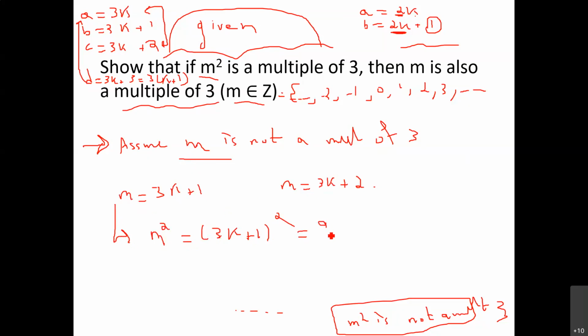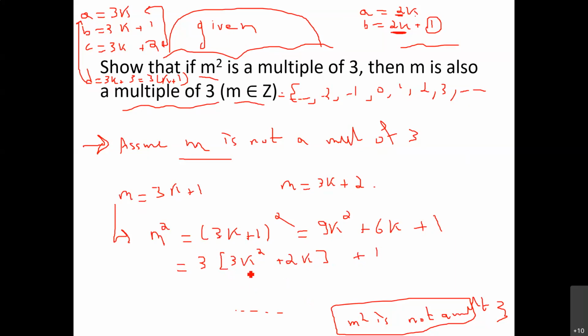So if you expand it, 9k squared plus 6k plus 1, right? Okay. Well, if you take now 3 in common, 3(3k squared plus 2k) plus 1.